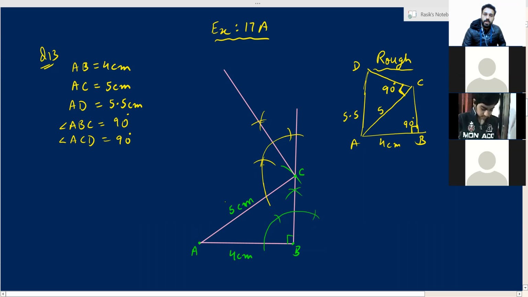Now we will take 5.5 centimeters in the compass to find the vertex D.